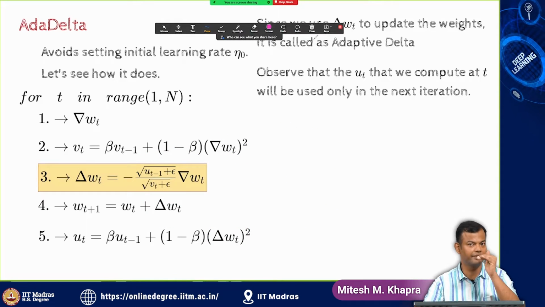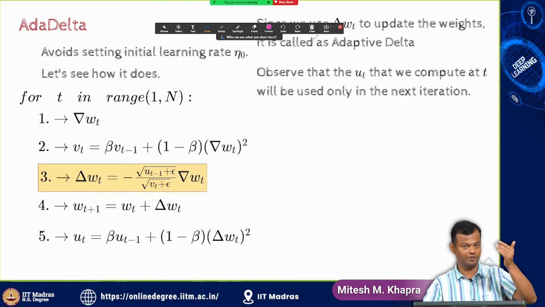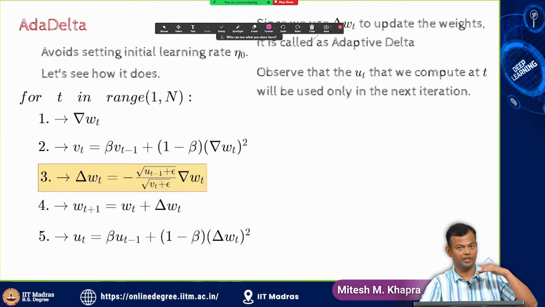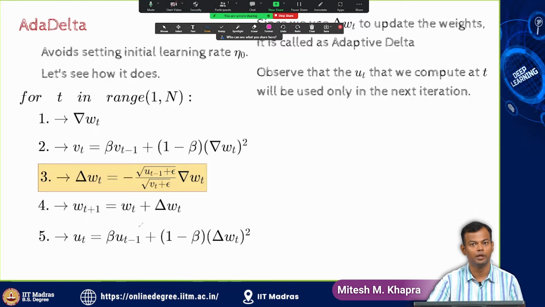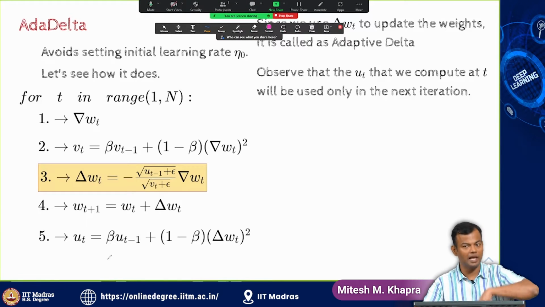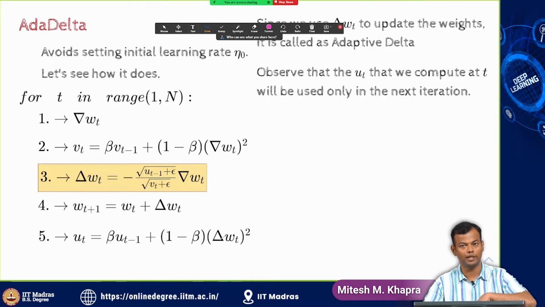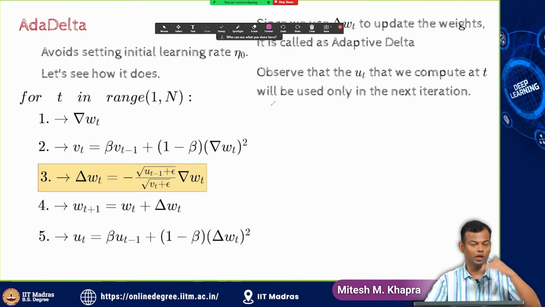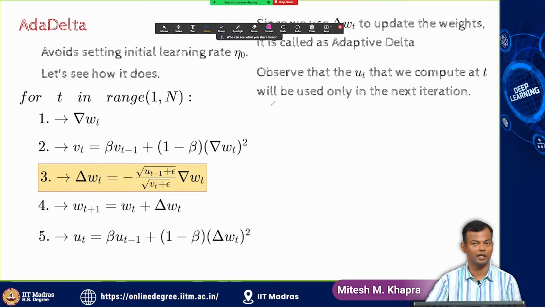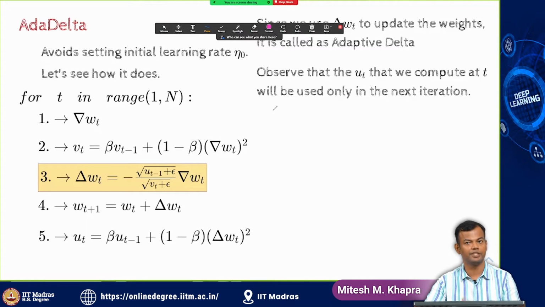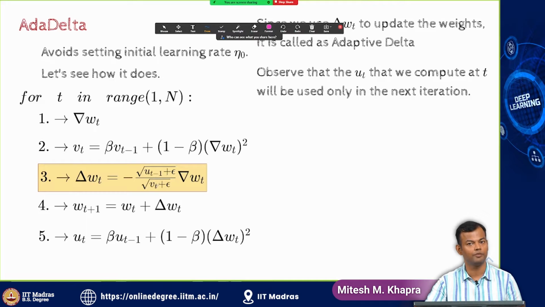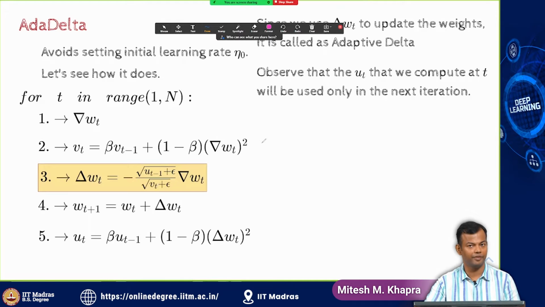So instead of one history which was vt, I have two histories now. It's also clear that one history is kind of ahead of the other history, right? So vt was tracking everything that is happening up to this time step, but ut is also tracking what has happened at this time step, because it's also taking into account the current update which has been made, okay. So these two histories are being tracked, and then I'm taking a ratio of these two histories, and that is my effective learning rate.